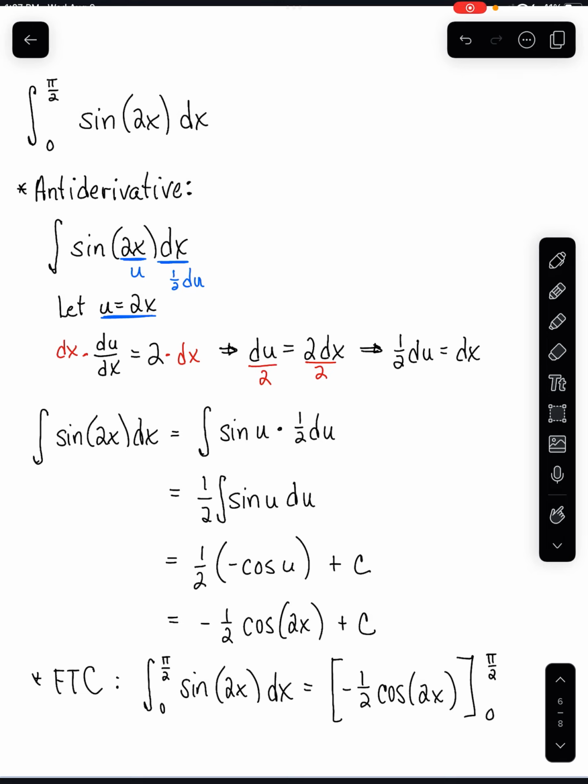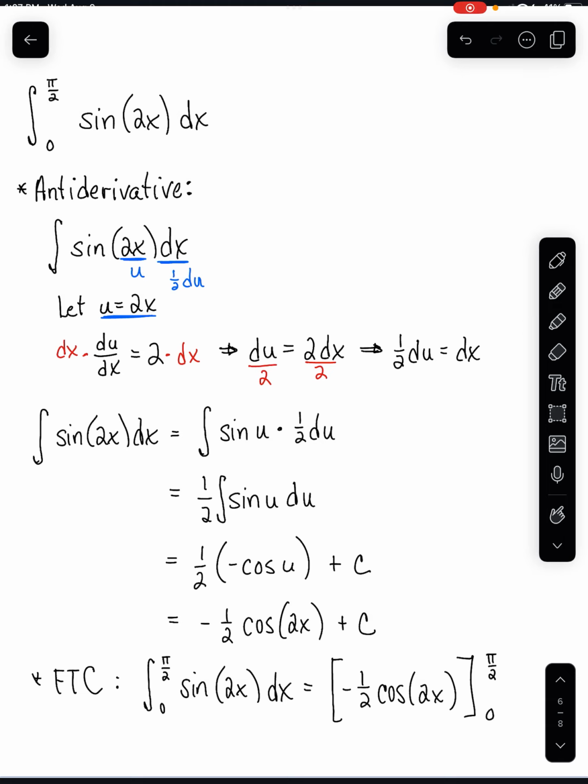Now, you'll notice I left off the plus c. As we know from dealing with the fundamental theorem of calculus, that plus c is the same when we are evaluating at pi over 2 as when we're evaluating at 0, and therefore will always cancel out. So when we are evaluating the definite integral, we can leave off the plus c.